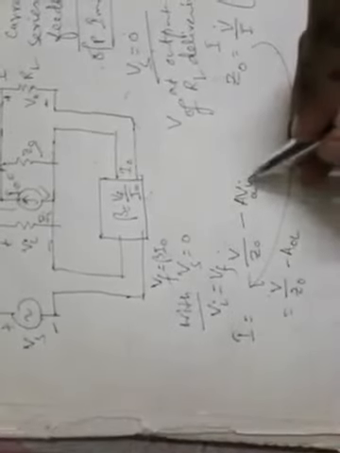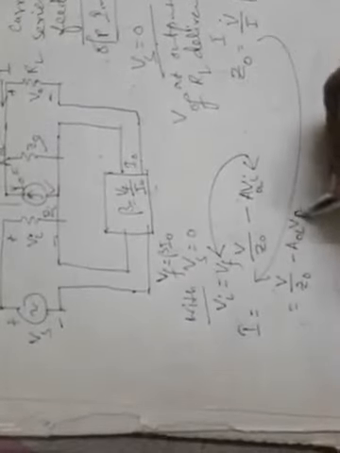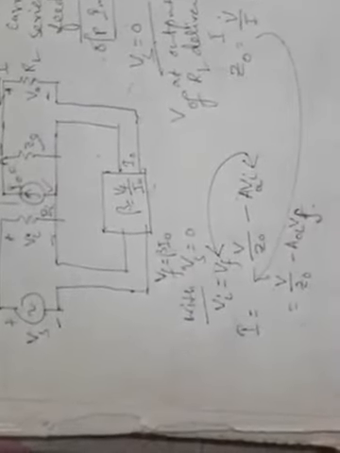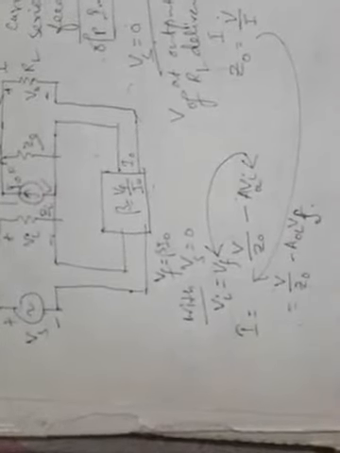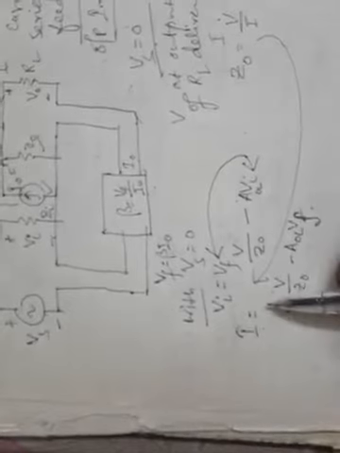Instead of VI, we can write VF from here using this equation, just putting in place of VI, VF, because now we are using feedback, and this original equation was written without feedback.